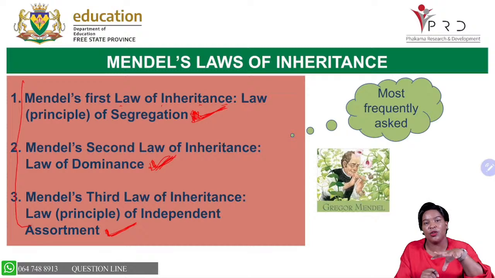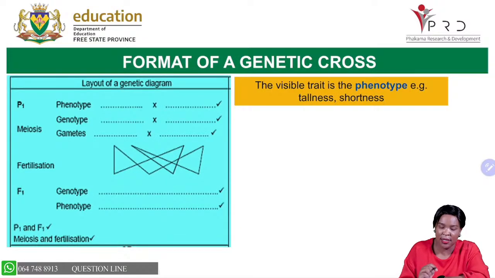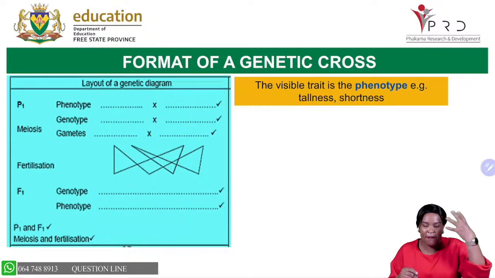So this is the layout or the format of a genetic cross. First, the visible trait, that is the phenotype, for example, the tallness or the shortness. In the question, you will always be told that when you cross a tall tree with a short tree, or a mother with blue eyes with a father with brown eyes, they are explaining the physical characteristic, which is the phenotype.